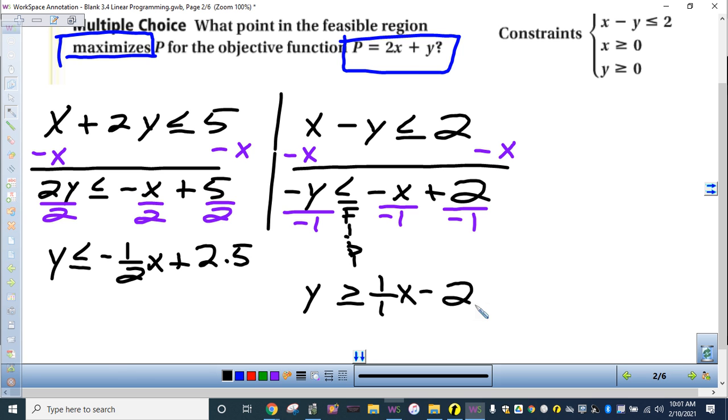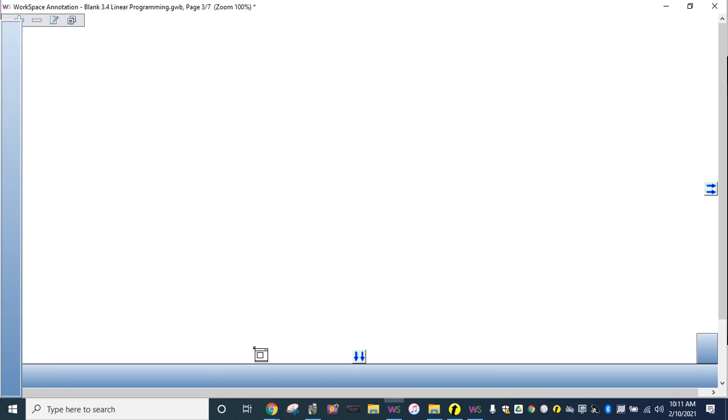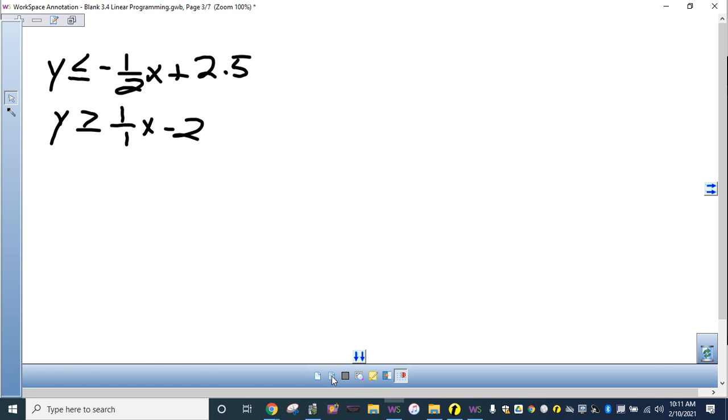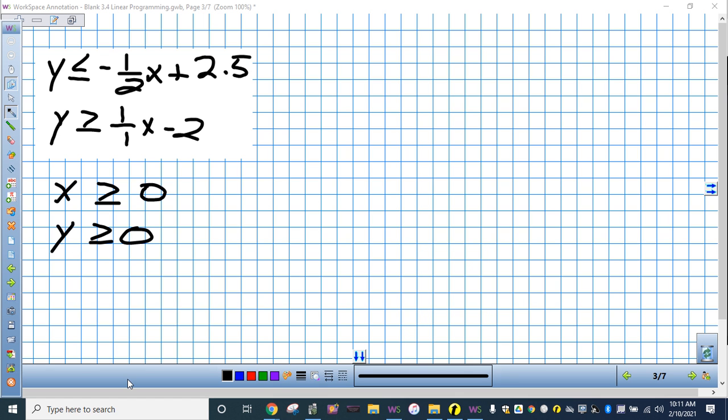Then we're going to take these two equations and graph them on the next page. Remember, the easiest equations to forget are these two equations. We don't tell you you need those two equations except for the fact that I'm telling you you need them right now.